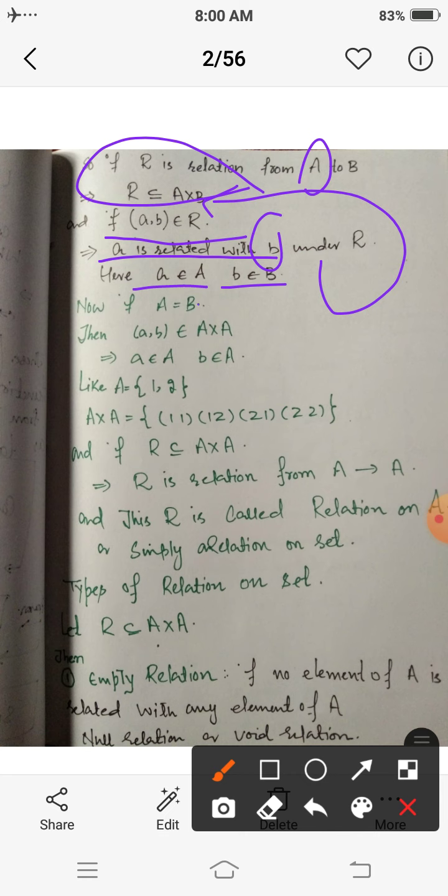Now consider the particular case which we have to study in this chapter: A equals B, that is, the first set equals the second set.